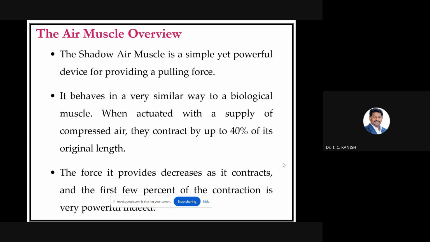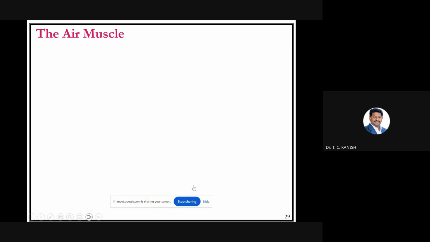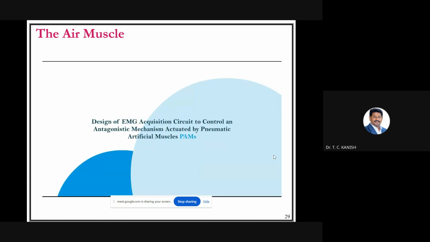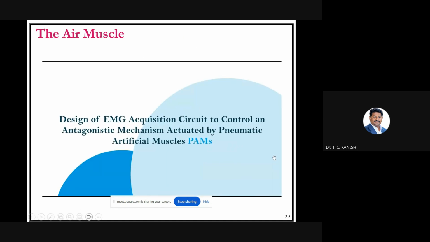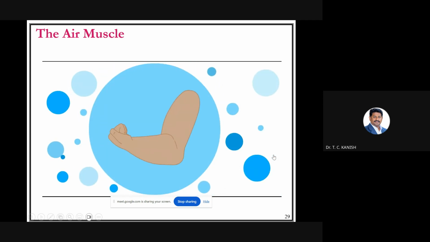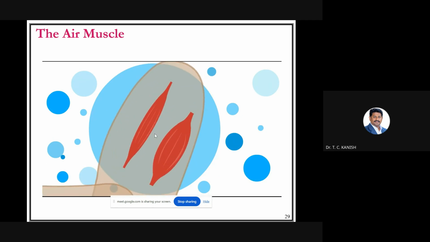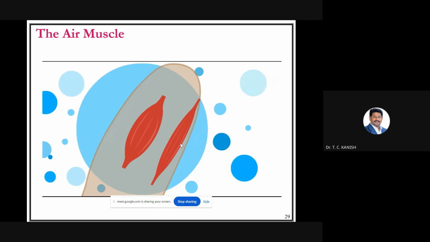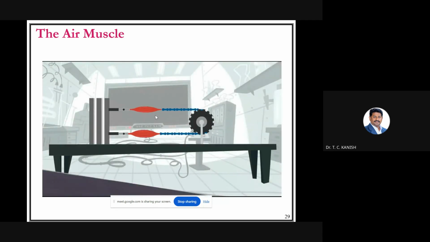Okay, this is just an overview I'm showing of how air muscles work. When you are taking a load, you can see in this portion that we are getting movements like this. We get that movement from the air muscles by sending air in and taking the air out.